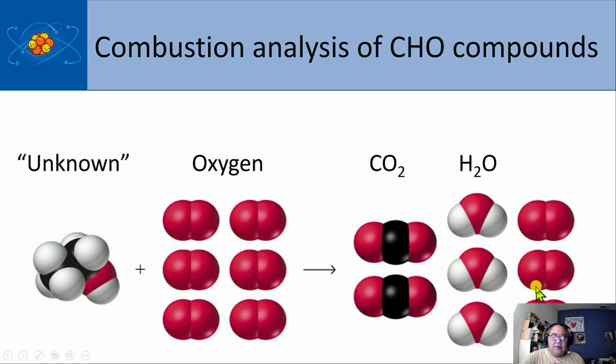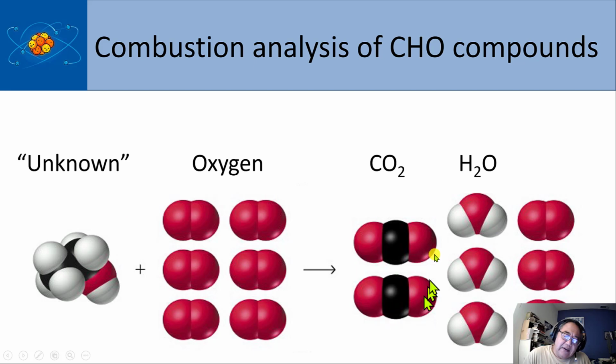Okay, so notice what happens. The carbon dioxide, the carbons are the black atoms, right? There are two in this formula over here. Every single one of those carbons on complete combustion shows up in a carbon dioxide.